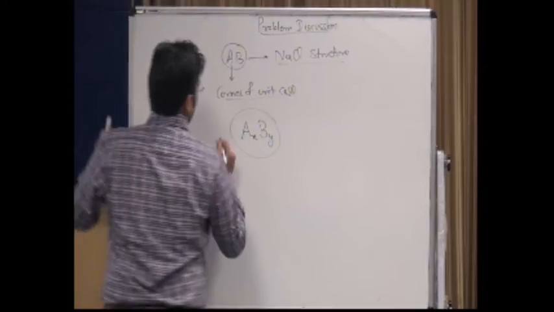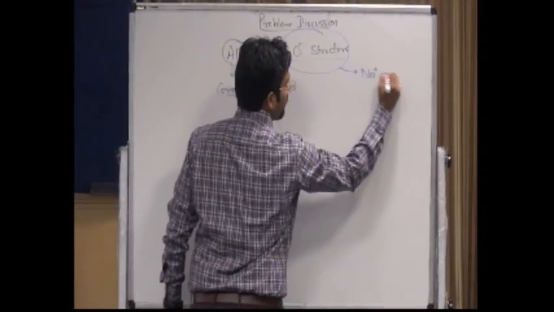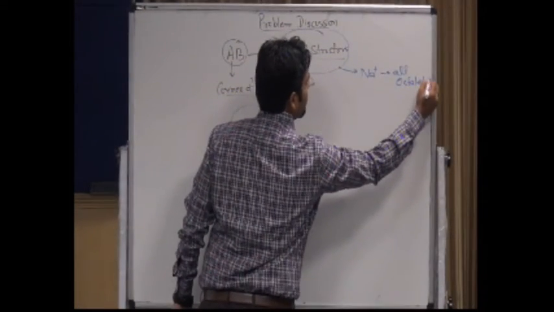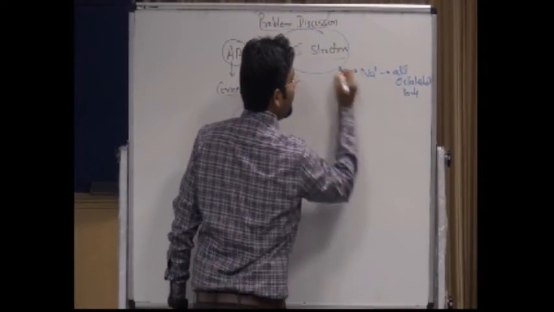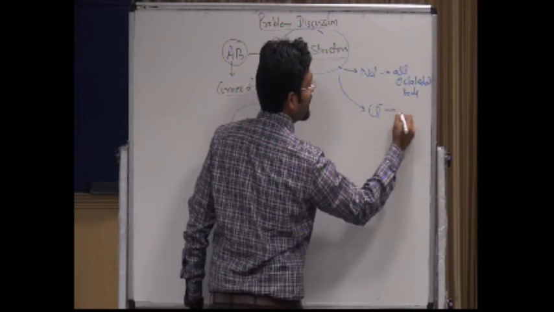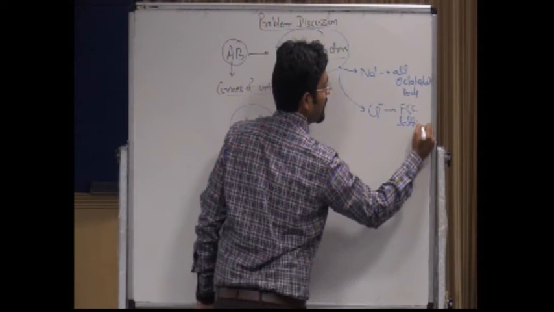Now, since in the NaCl structure I know that the sodium ions occupy all octahedral voids, and octahedral voids are of which lattice? The lattice formed by the Cl minus. It forms the FCC lattice, right?